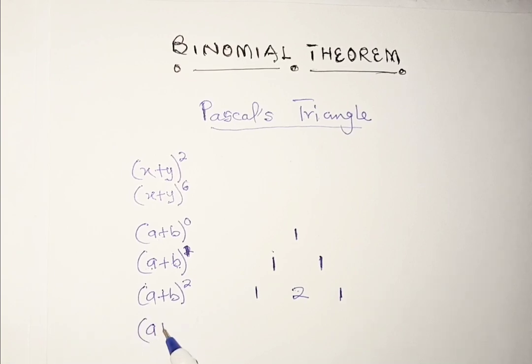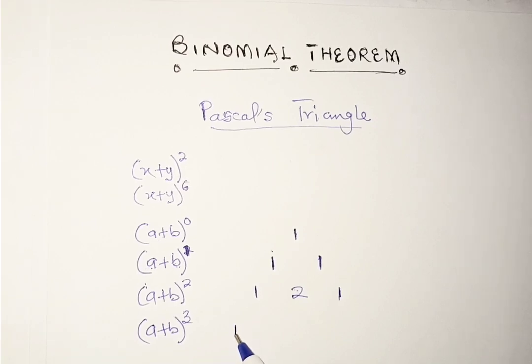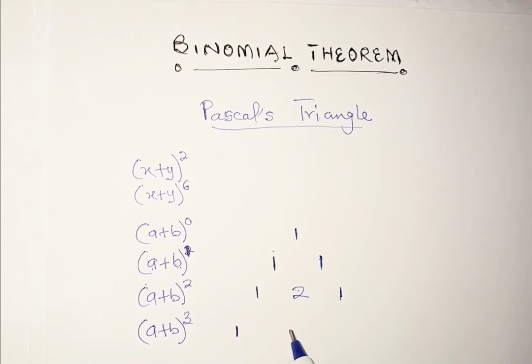So we have (a + b) to the power of 3. Good. So as usual, what will be the first coefficient? The first coefficient will give me 1. How do I get what is here? The previous coefficients.